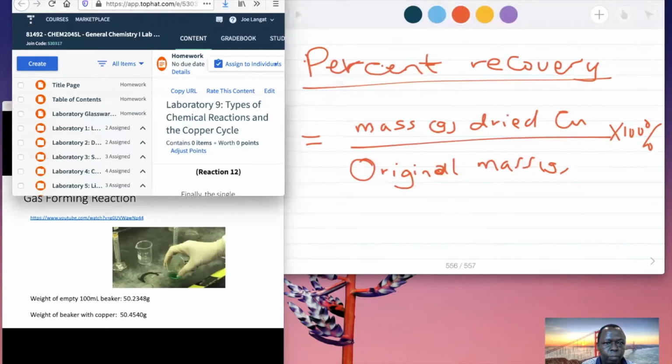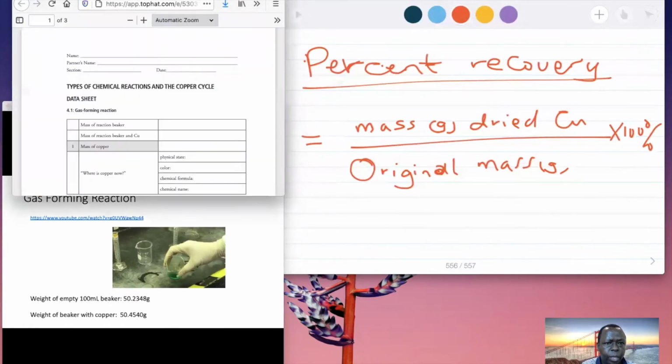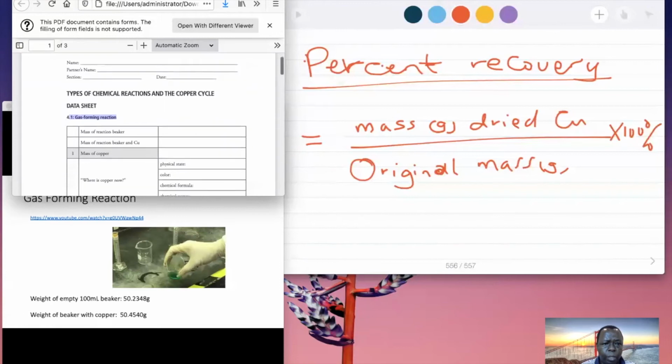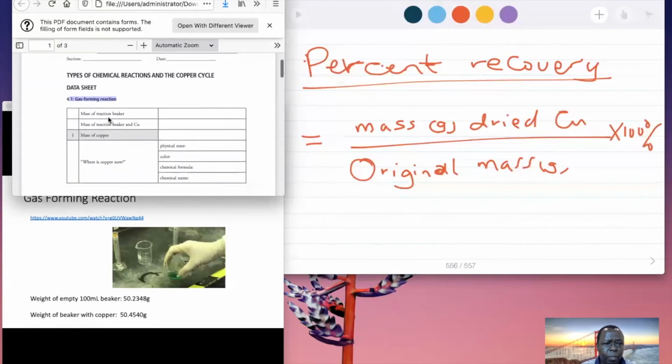Data sheet, if I look at the data sheet, this is copper forming. Look at the copper forming reaction. You should go with the demonstration on the PowerPoint slide so that you complete the data sheet here. First, the mass of the reaction beaker you are given here.